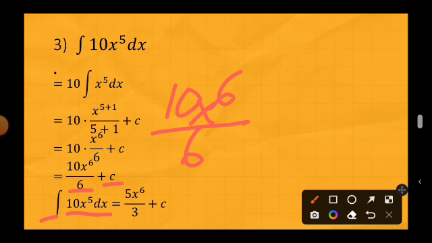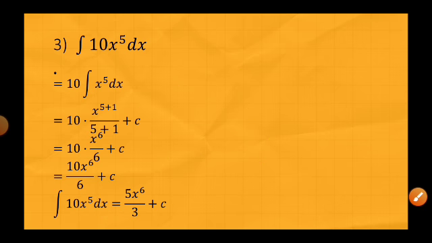We see that 10 and 6 have a common factor of 2. So we divide them by 2, and then we get 5/3 x raised to 6 plus c as the value of our indefinite integral.